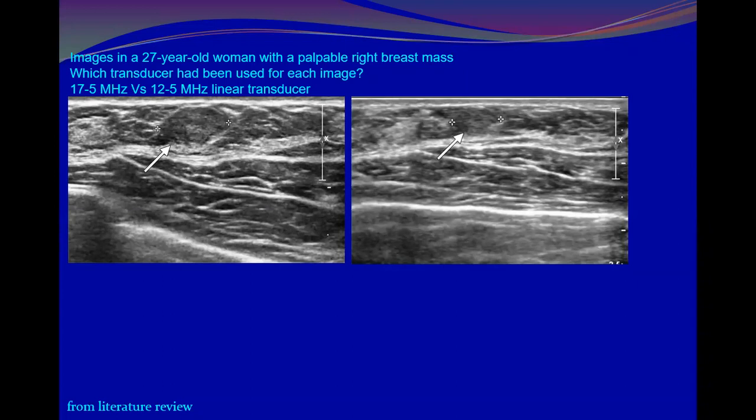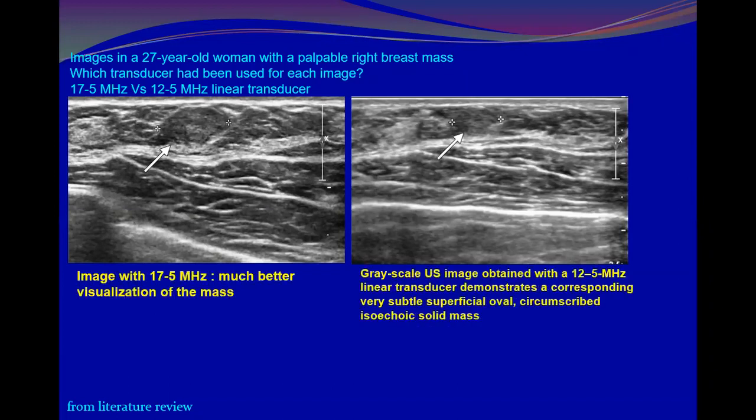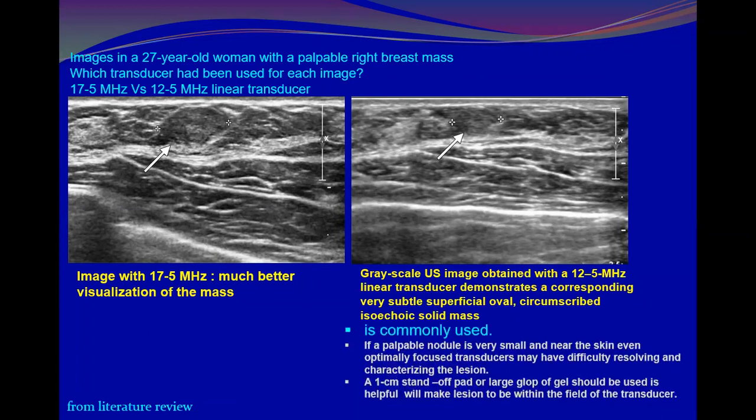It will add more depth for the lesion, and we can use it to see the most superficial ones. The commonly used one, we said, is 12.5, but we can use a stand-off pad or a large globe of gel to visualize the most superficial lesions with a relatively lower frequency probe.